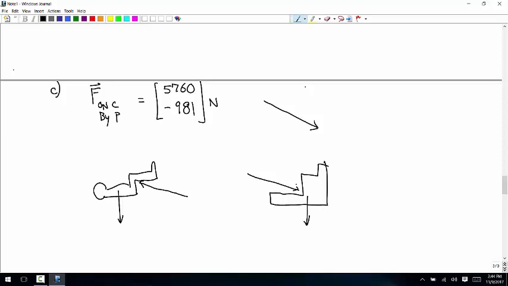So are these two things pulling on each other or pushing on each other? They're pushing on each other. So is the pilot going to feel like he's coming out of his chair, or is he going to feel like he's being smashed into his chair by this acceleration? Smashed into it, yep. He's being pushed down into the chair, and the chair is pushing back. Any questions about that?